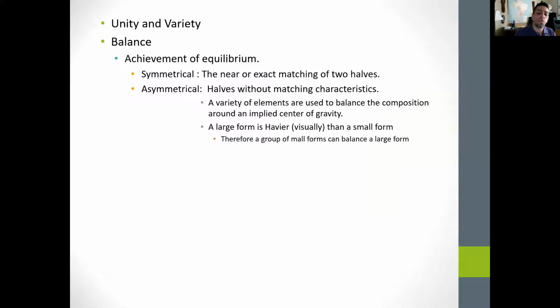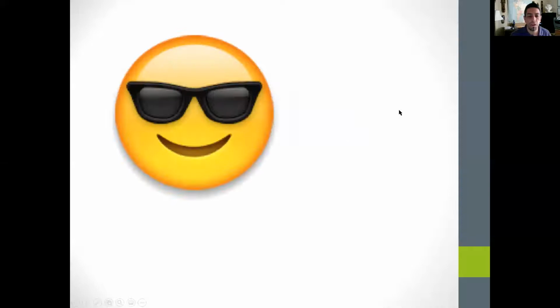If you have a large form, that large form is visually heavier than a smaller form. That makes sense. Therefore, if you put a big, large form and add a whole bunch of smaller forms next to it, you can balance that out. Just to give you some really silly examples, here we go.